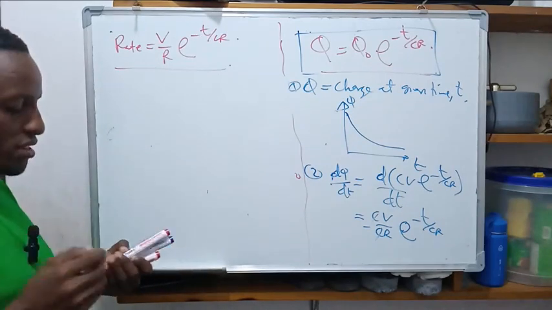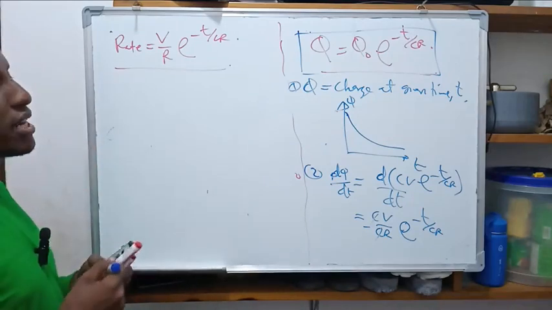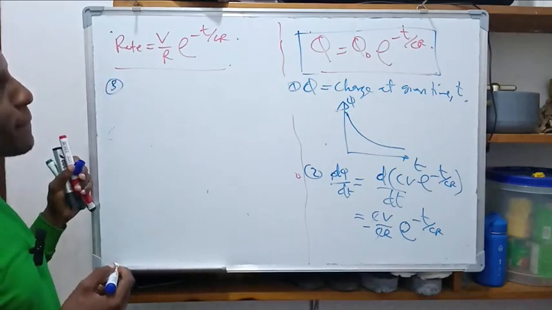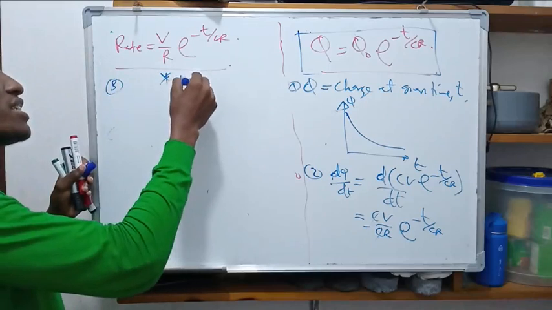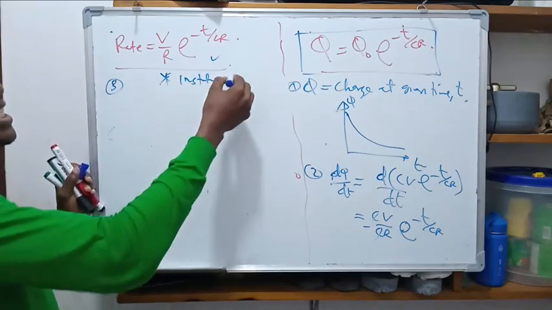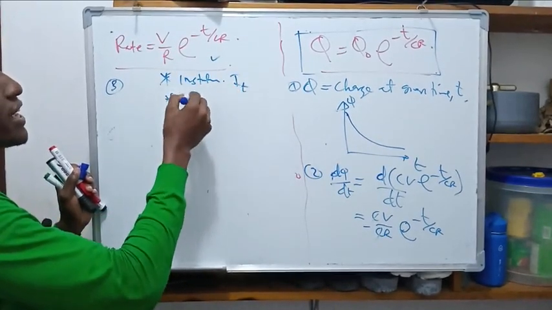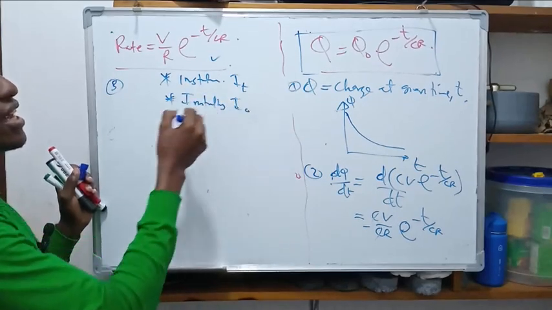That's about the rate. Number 3, we can speak about the current, and there are 3 cases actually. Instantaneous, meaning the current at any time t. Initial, meaning the current I naught.